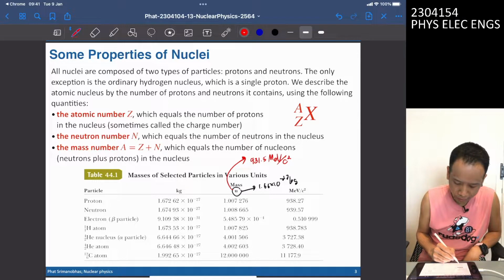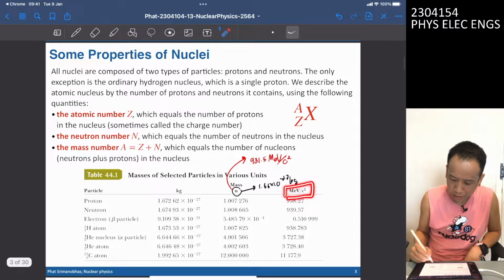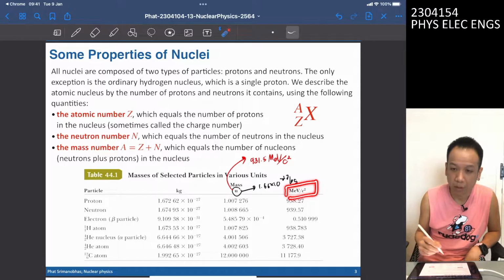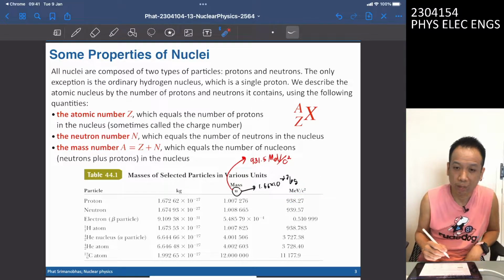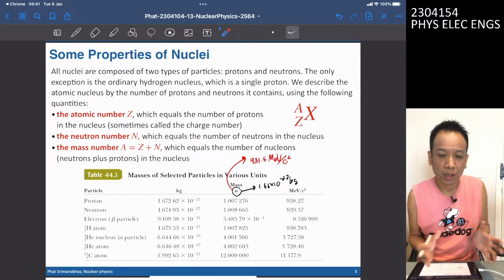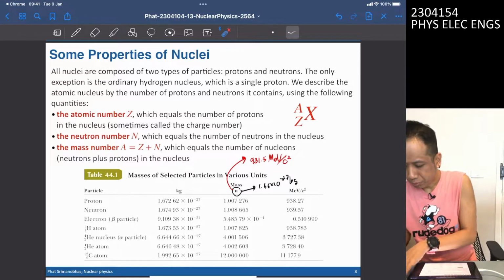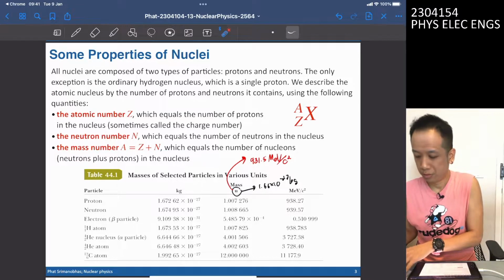But if we're talking about elementary particles in relation to energy, it's easier to talk about mega electron volts per c squared. So it depends on the problem and on the topic that we are using.